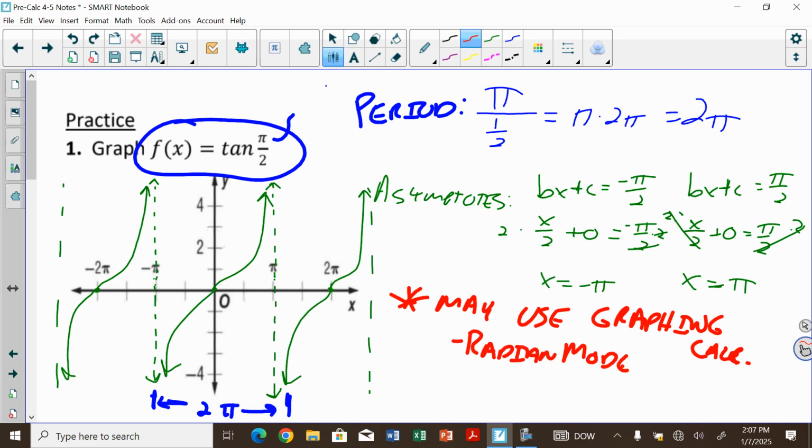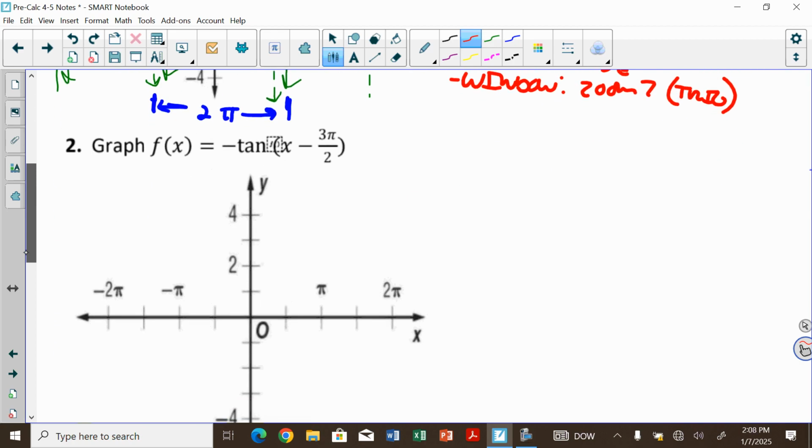I think most of them are if you've been using them, but just check that. And when you go into the window, if it doesn't work out, look at going to zoom 7, and that'll be your trig functions that'll help you. Zoom 7 and trig, and it should help you get the graph. Okay, let's take a look at another one here.